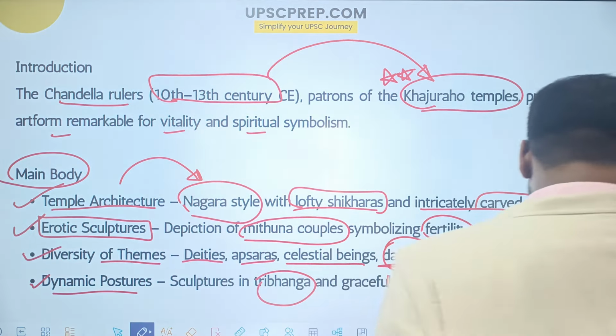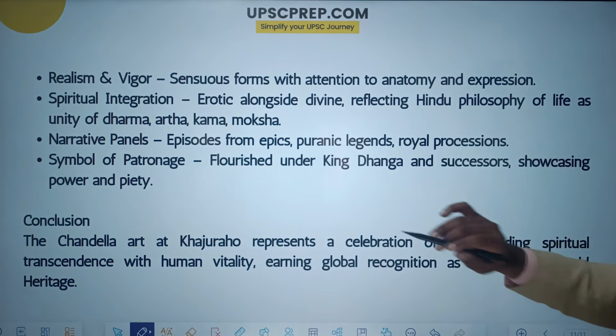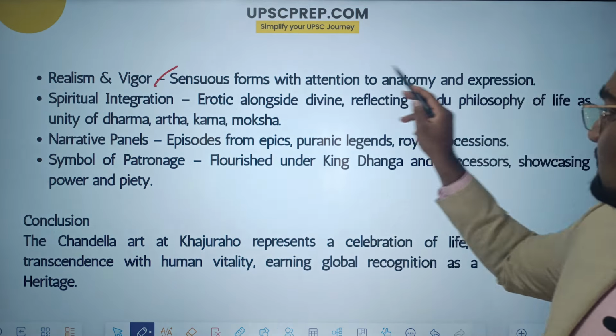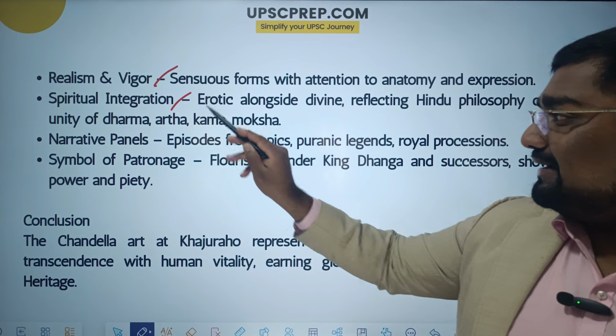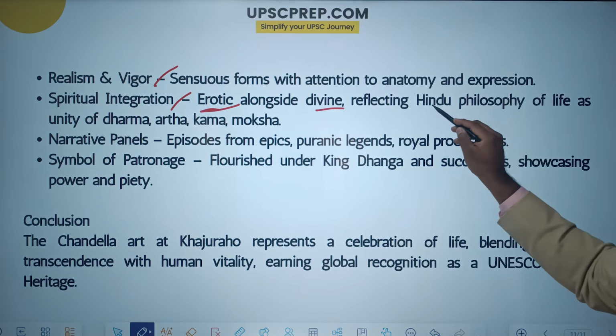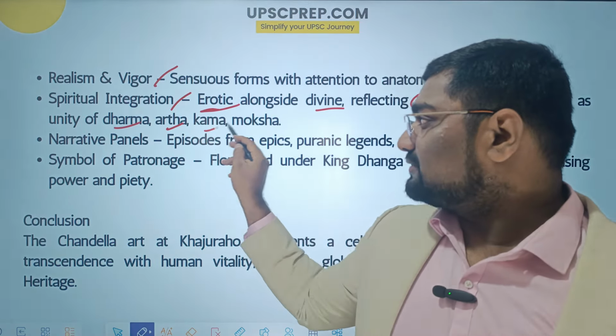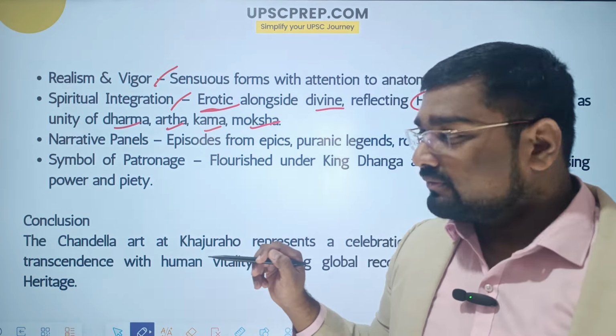So you can mention all these things. Realism and vigor, spiritual integration like erotic alongside divine, reflecting the Hindu philosophy of life as unity of dharma, artha, kama and moksha.